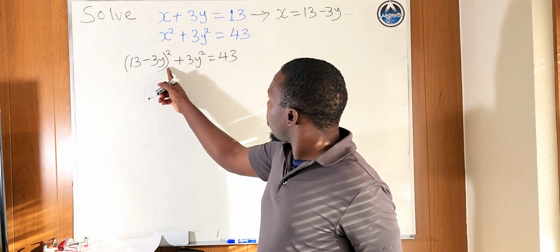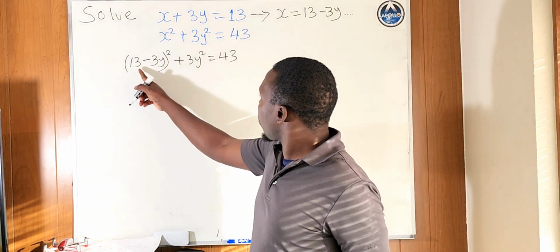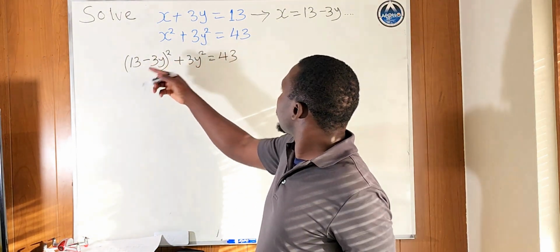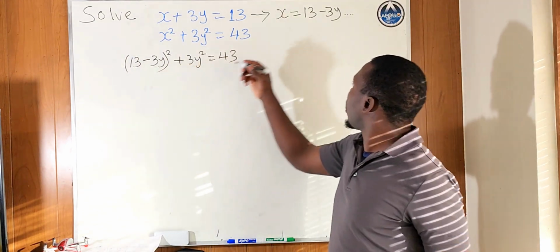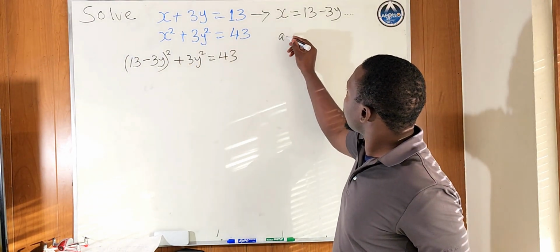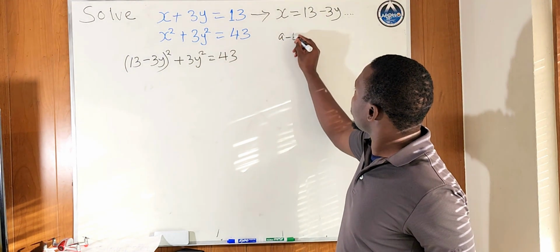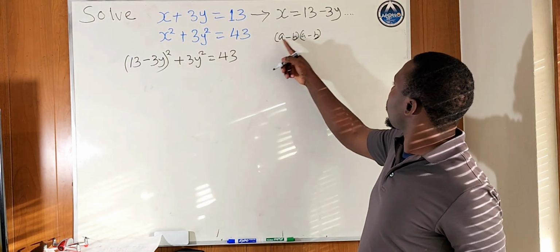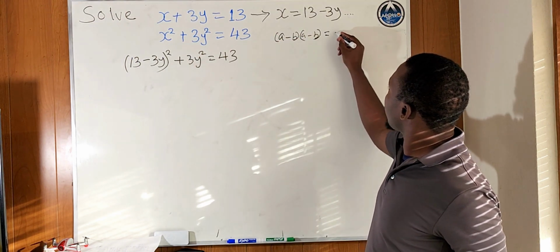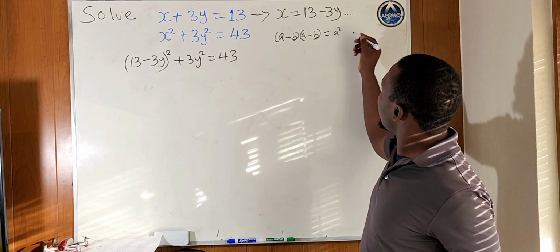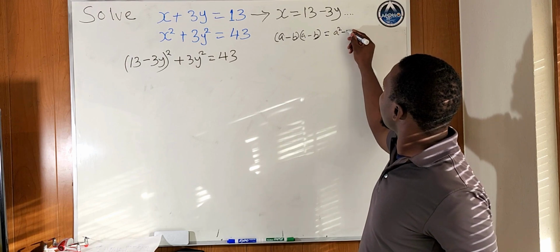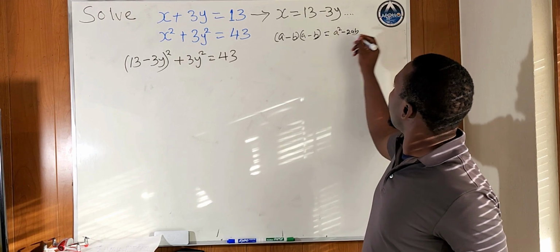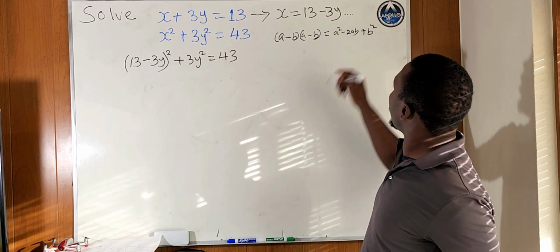If we square this term, from the laws of indices, when you expand a minus b all squared, you get a squared minus 2ab plus b squared.